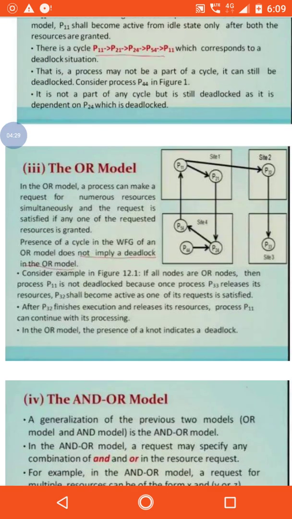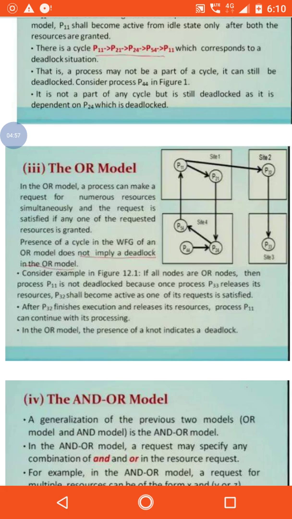Then the OR model is like an AND model. It also must have more than one resource. In the OR model, the process requests numerous resources. A single process requests more than one resource. If any one of the resources is idle, it will use it. In the AND model, if the two resources become idle, then only it will use them.